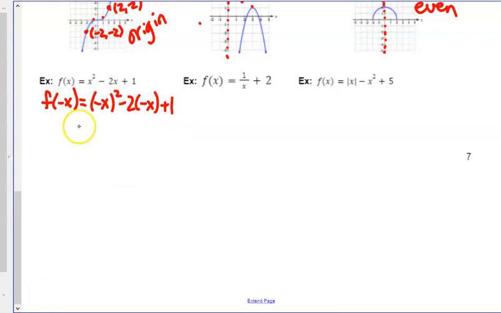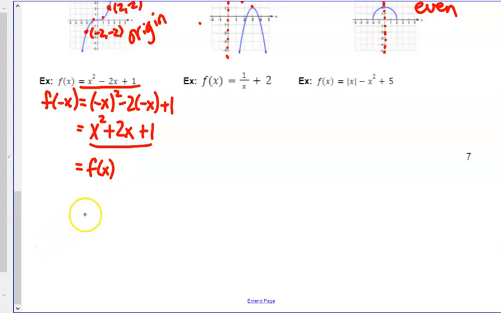So when I evaluate that, negative x times negative x is a positive x squared, but a negative 2 times a negative x is a positive 2x, and then plus 1 stays the same always. Comparing this to the original, first off, is that equal to f of x? Absolutely not. It is not equal to f of x, okay?